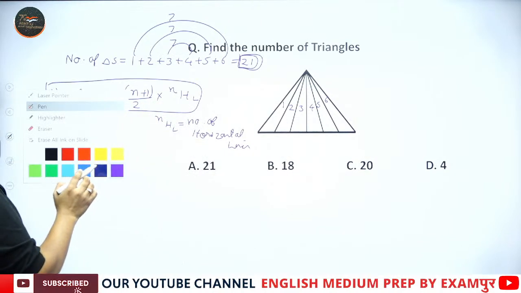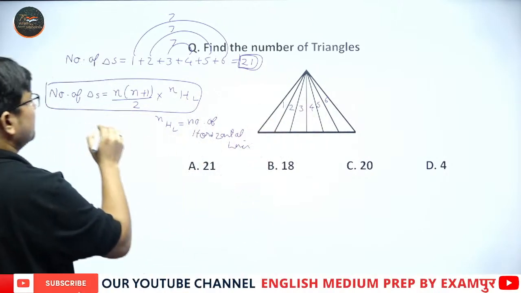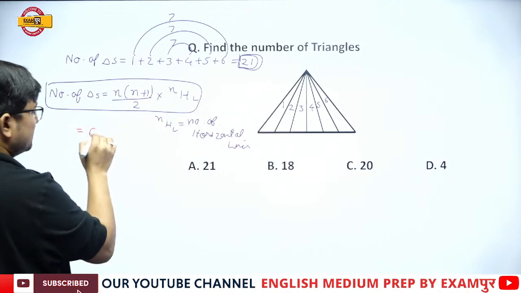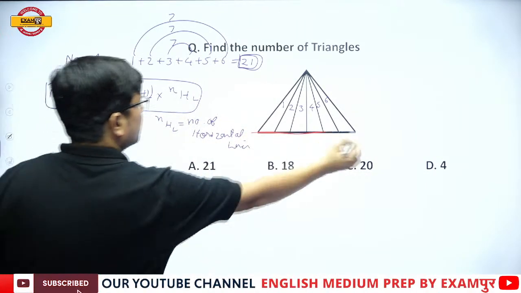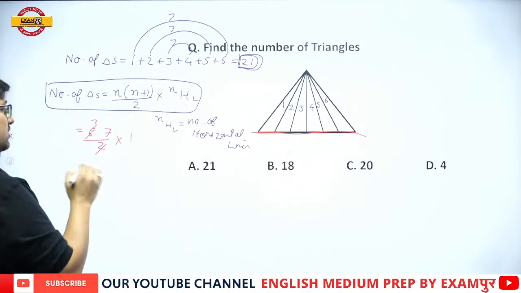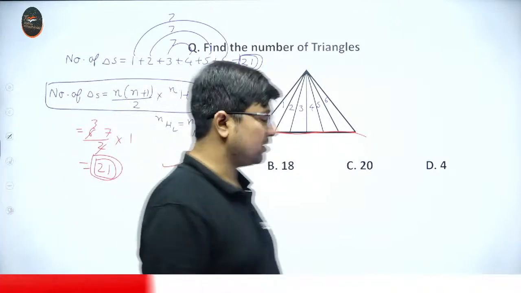N is the number of smallest triangles, these values. So now if I put n's value as 6, into 6 plus 1, 7, upon 2, into number of horizontal lines, only 1. So here it is 3 7s are 21. Answer is option number A.